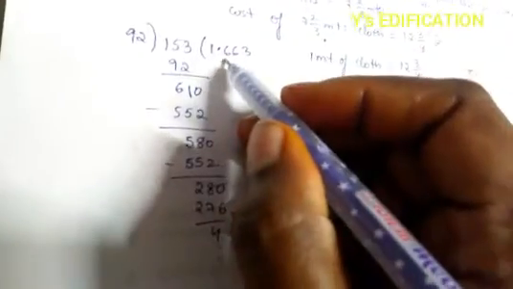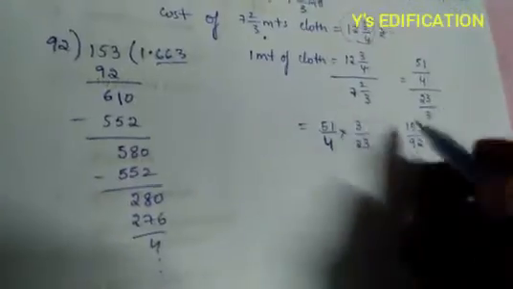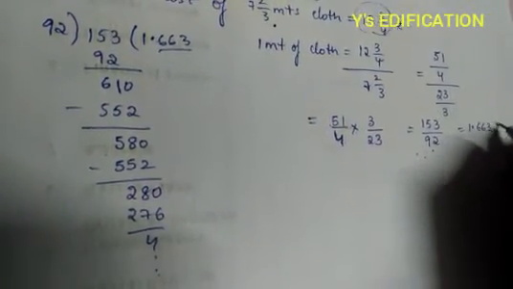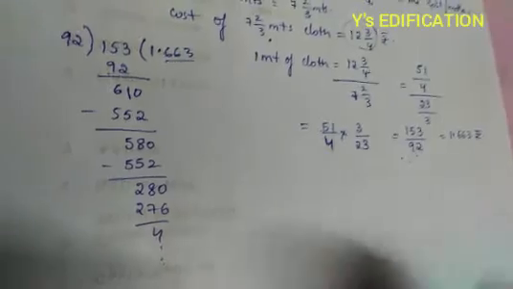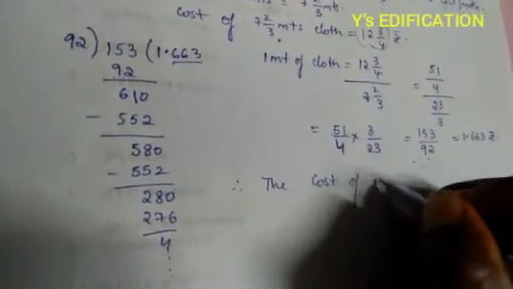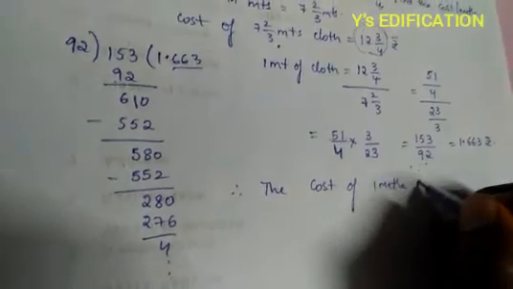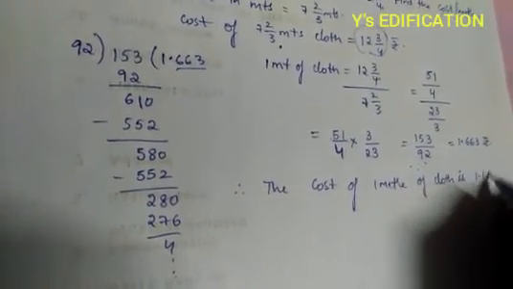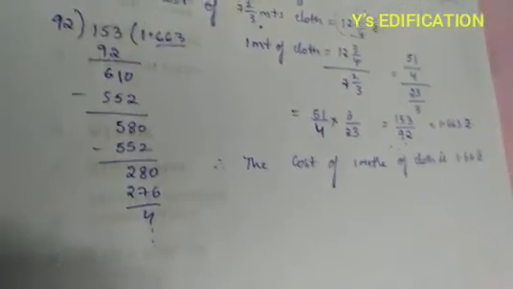So I am going to take only 2 or 3 decimals. So the answer is 1.663 rupees. Okay. So therefore the cost of 1 meter of cloth is 1.66 rupees.